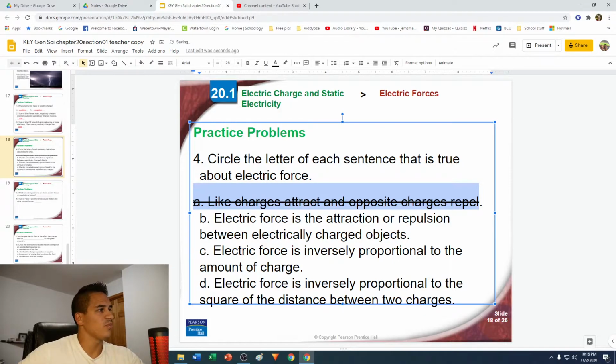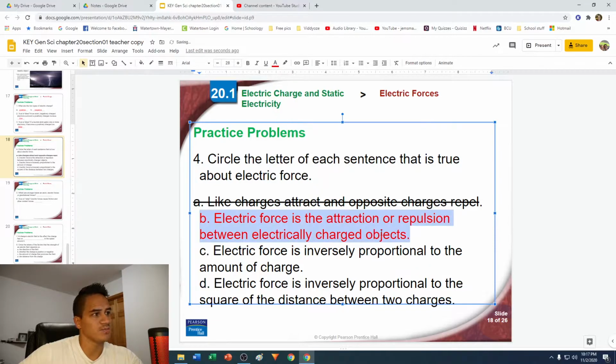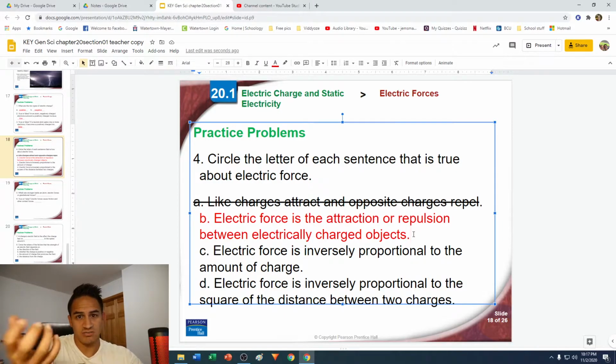Okay. Letter B, electric force is the attraction or repulsion between electrically charged objects. That is true. Okay, so just like regular forces that we learned about last quarter, forces either are pushes or pulls. And so electric force is the attraction, right, pulling, or repulsion, pushing between electrically charged objects.